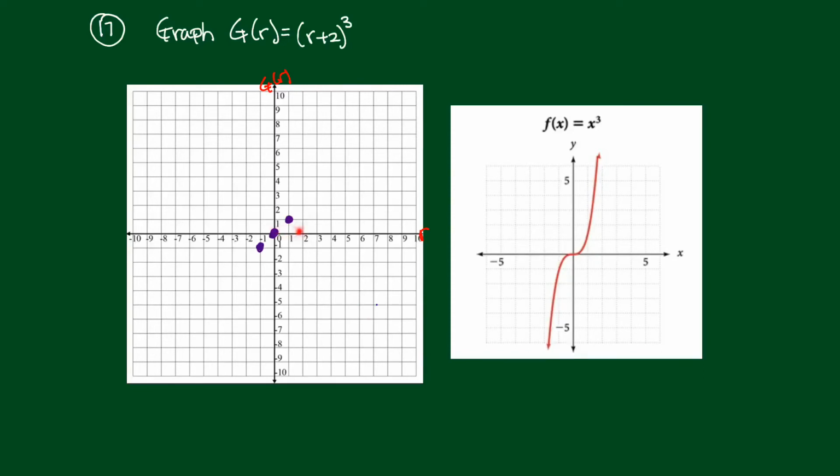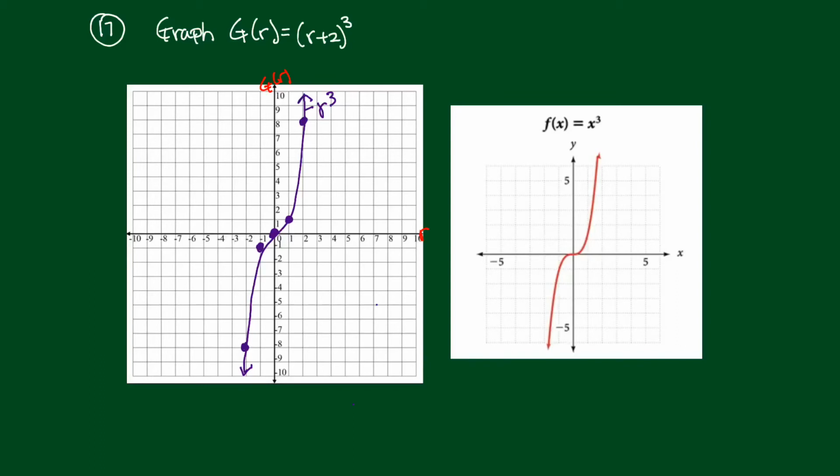If I move out 2, I cube 2, and that takes me up to 8. If I go to the left 2, I'm at -2, I cube -2, and it takes me down to -8. Now, as best I can, I'm going to draw a smooth curve through these points. Okay, pretty good. So this is r cubed.